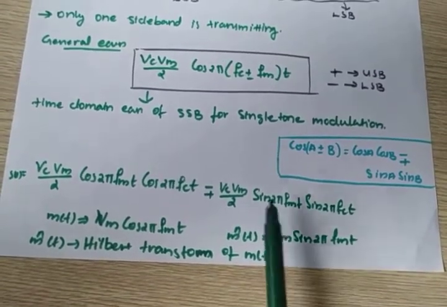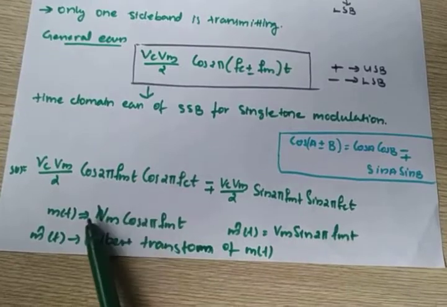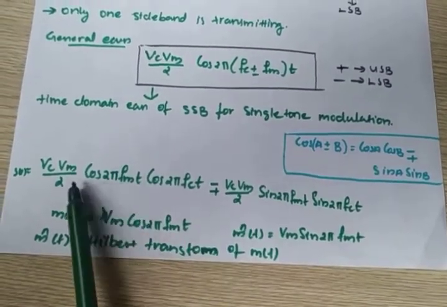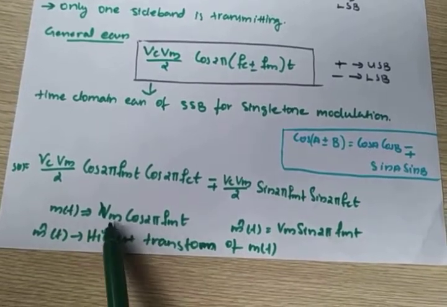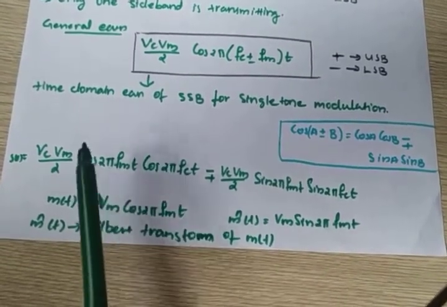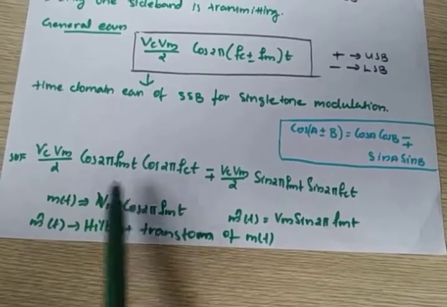Based on this equation, we know that m of t is Vm cos 2 pi Fm t. What is the message? Vm cos 2 pi Fm t, where Vm is the amplitude and it is a cosinusoidal wave.